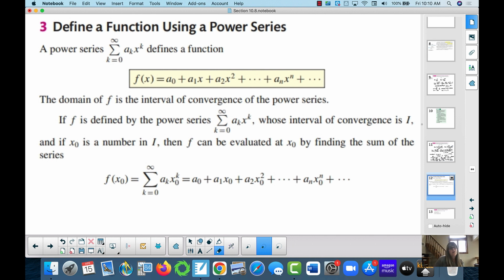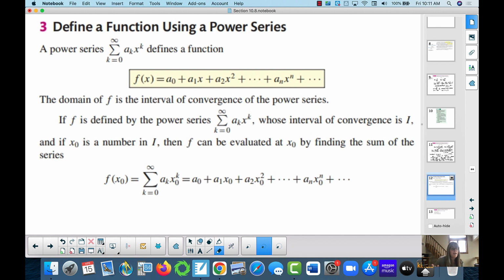All right, now we're going to look at defining a function using a power series. So we can get an equivalent power series and determine what that is as a function. So if f is defined by a power series that has an interval of convergence and x is a number in that interval, then we can say f can be evaluated by finding the sum of that series.